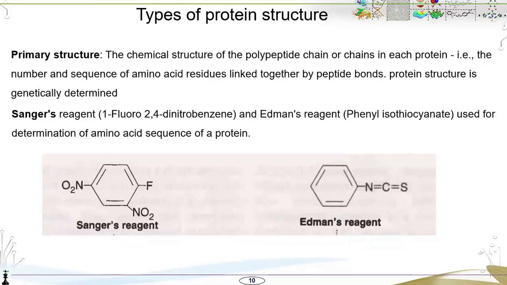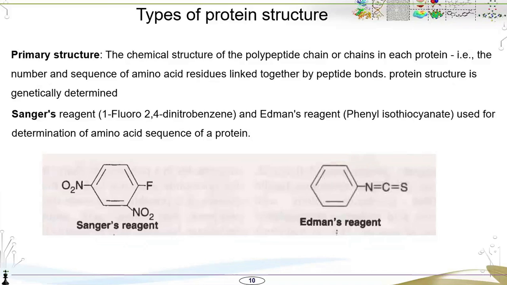Just reminding you here. Apart from Sanger's reagent, one more reagent is Edman's reagent, also called phenyl isothiocyanate. These two reagents are useful for the primary structure of the protein. In this slide there are two competitive bits.